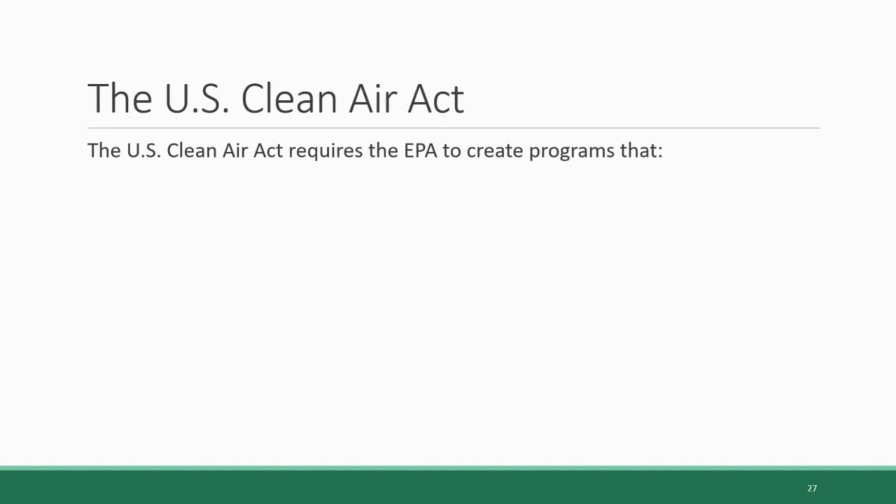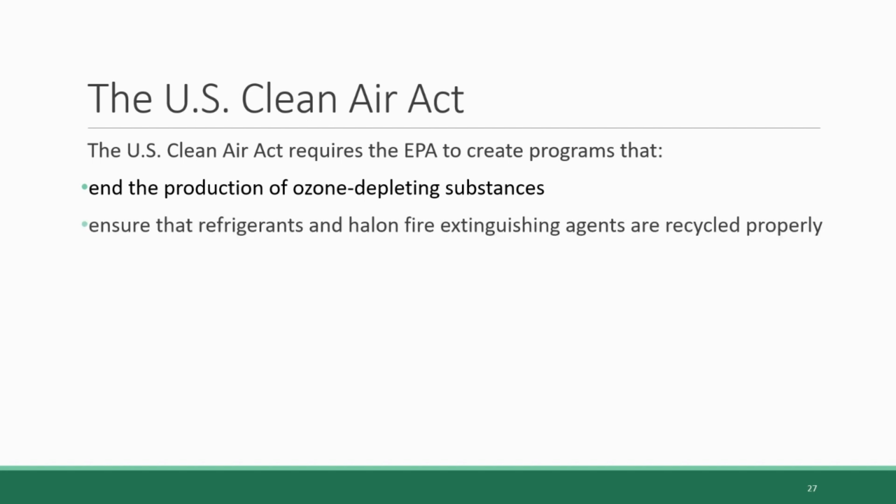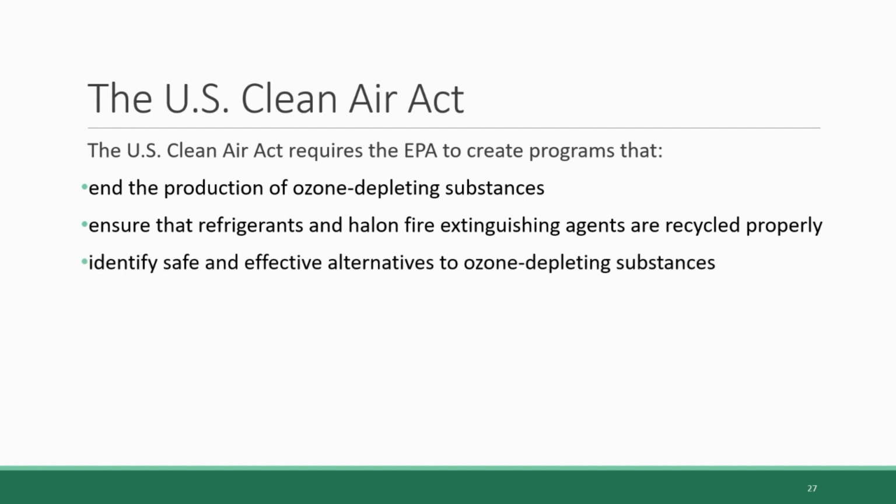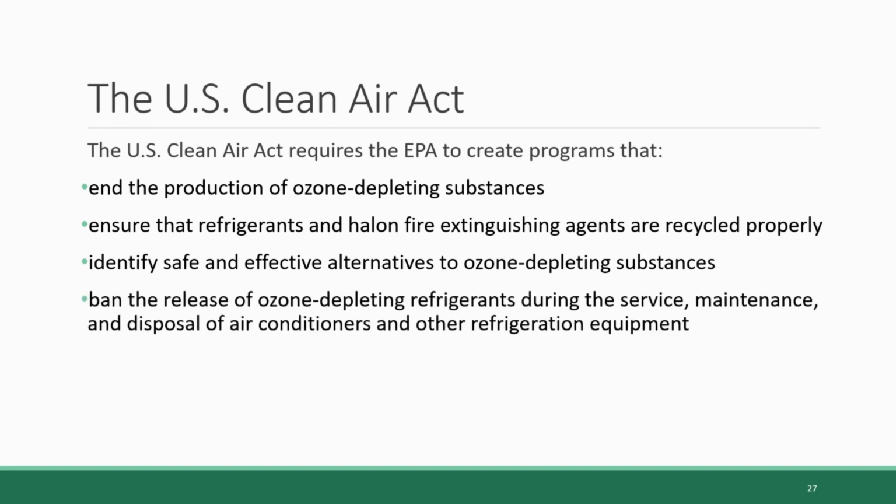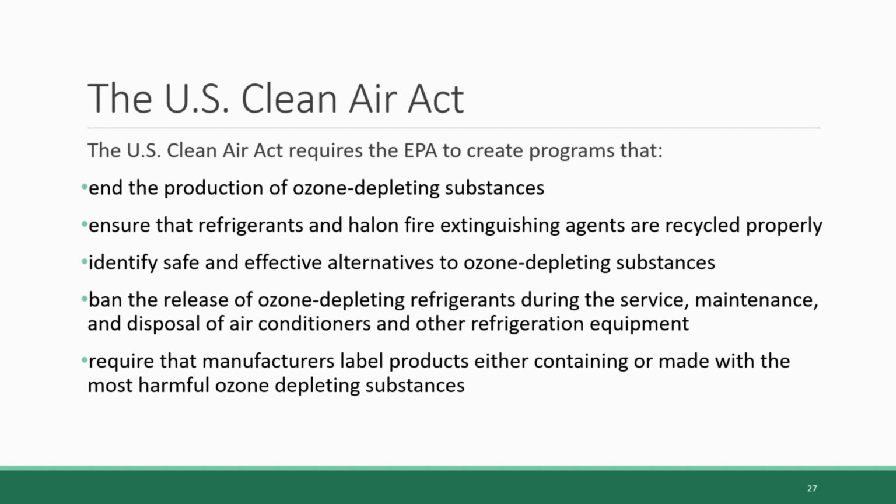But this amendment requires the EPA to create programs that end the production of ozone depleting substances, ensure that refrigerants and halon fire extinguisher agents are recycled properly, identify safe and effective alternatives to ozone depleting substances, ban the release of ozone depleting refrigerants during the service, maintenance, and disposal of air conditioners and other refrigeration equipment, and require that manufacturers label products as either containing or made with the most harmful ozone depleting substances.